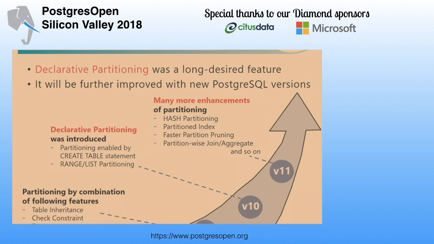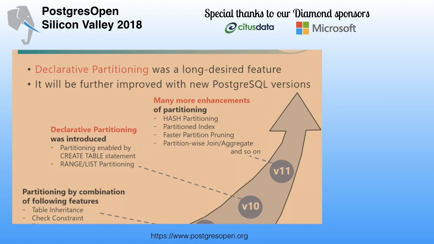In previous Postgres versions, partitioning was realized by combining table inheritance, check constraints, and trigger functions. Accordingly, it was necessary for users to understand all three functions to realize partitioning. In Postgres 10, partitioning is realized by just typing CREATE TABLE and some partition expression. So users can use partitioning much more easily than ever.